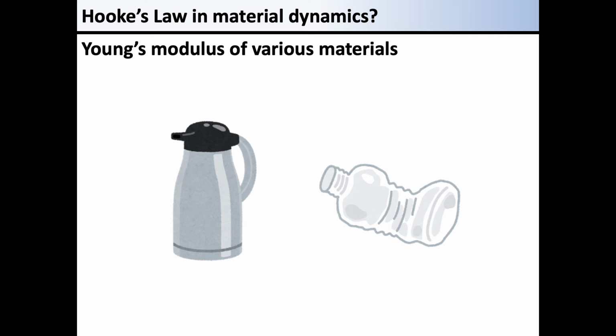A bottle made from iron is not easily deformed. For example, we have a pot that is used to keep coffee and other drinks warm. They are not easy to be crushed with our hand. This is because the Young's modulus is very high.